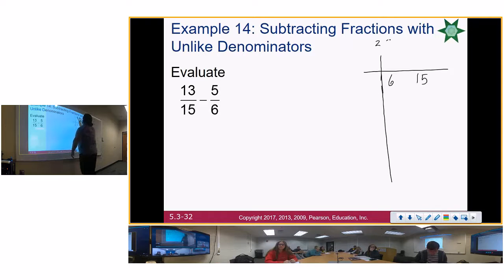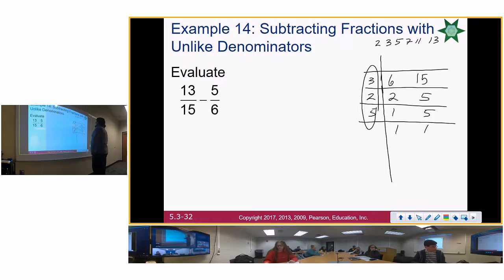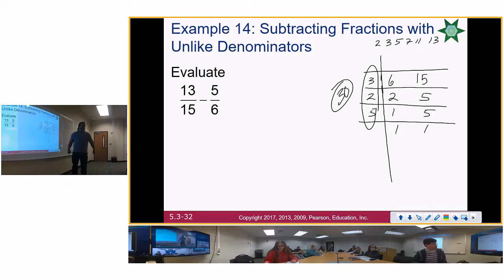Primes: 2, 3, 5, 7, 11, and sometimes 13. 3 will go into 6 twice, and into 15 five times. So 2, 1, and 5. What is 10 times 3? 30 is your common denominator.